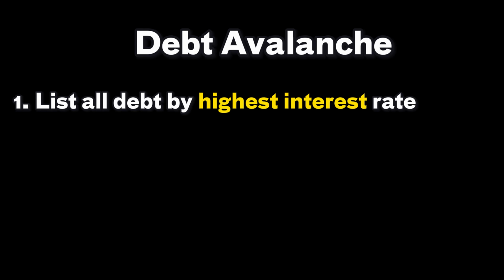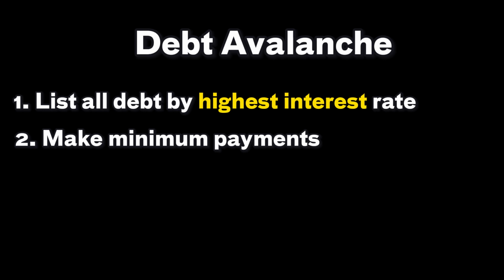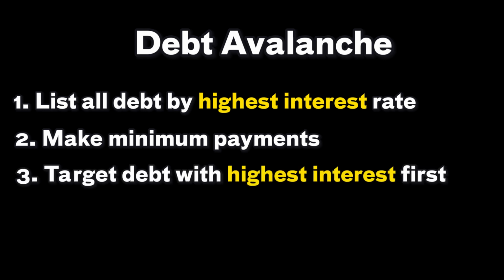Now let's talk about the debt avalanche. Step one, I want you to list all of your different types of debt by the highest interest rate first, followed by the next highest and the next highest. Step two, I want you to make minimum payments on all of these different types of debt. Step three, this is where there's a difference. I want you to target the debt payment with the highest interest rate.